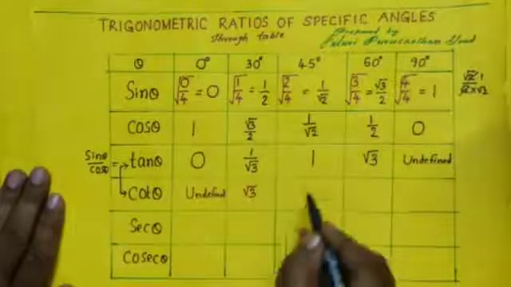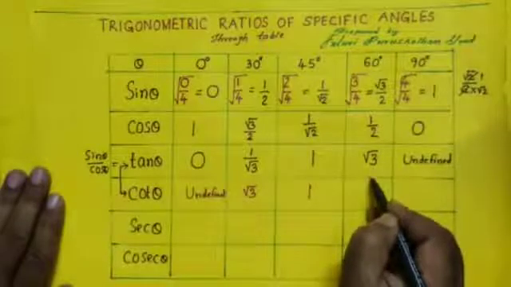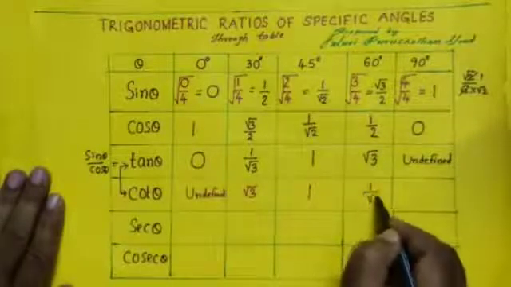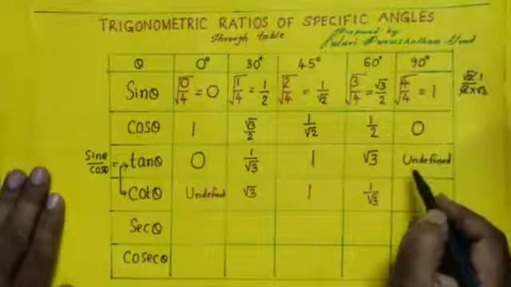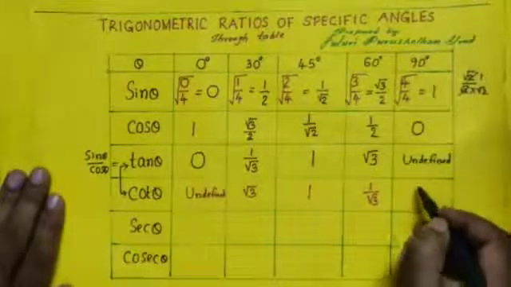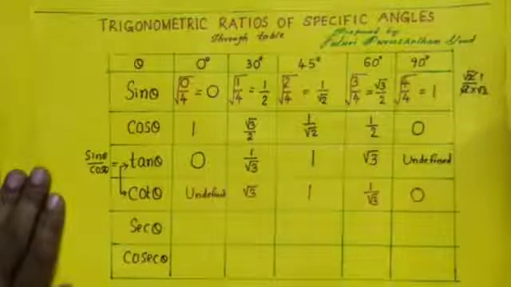The reciprocal of 1 is 1 only. The reciprocal of root 3 by 1 is 1 by root 3. Undefined, just before, 1 by 0, its reciprocal is 0 by 1, that is 0. Is it clear now? Next.